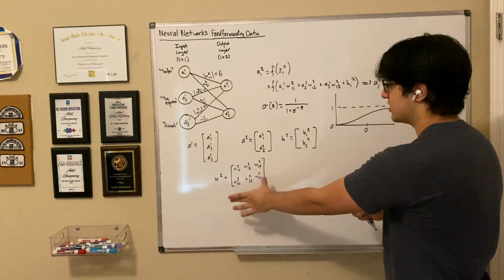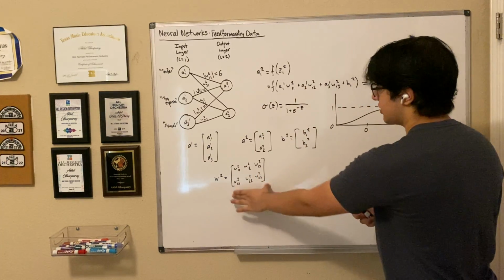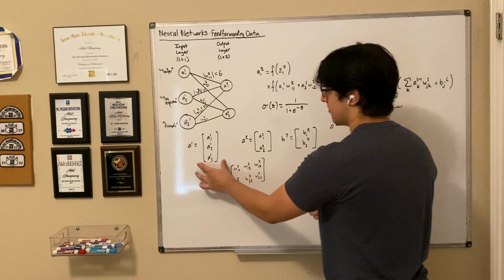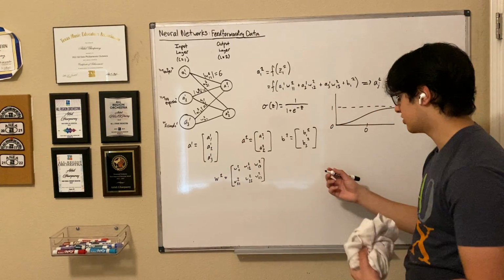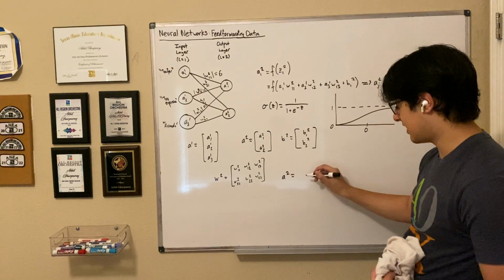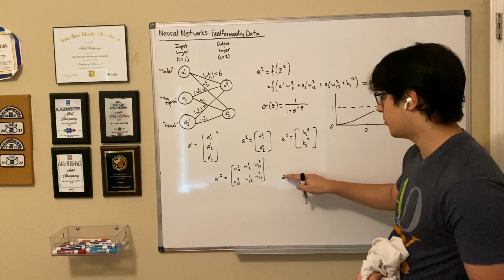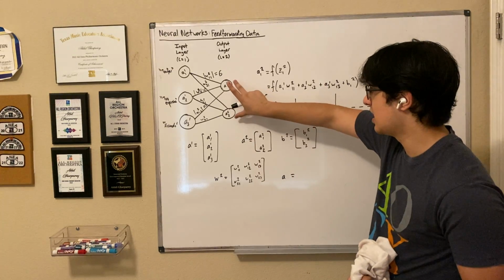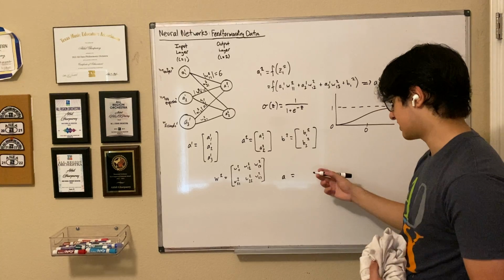So you can store these weights in a weight matrix and then multiply that weight matrix by the input activation vector, and you'll be able to get an output activation vector with components referring to the activations of either neuron in this case.